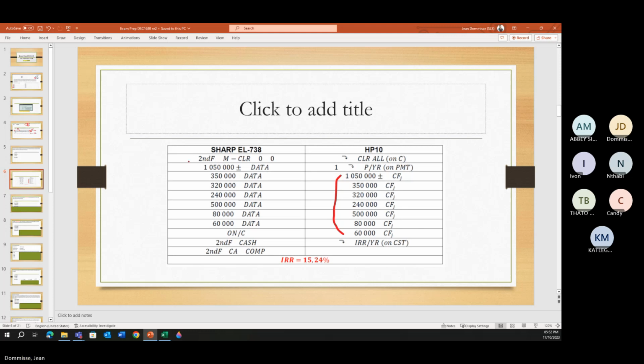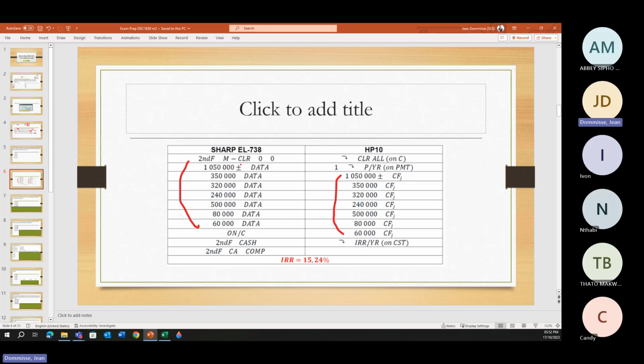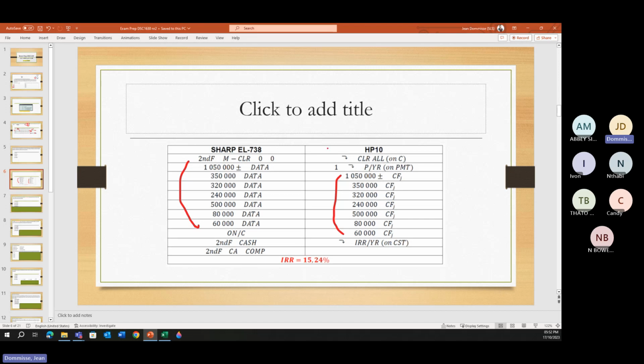In the Sharp, there is also one that you basically use the data function for. So by both of them, if you just put in the data, you will get the internal rate of return as 15.25.